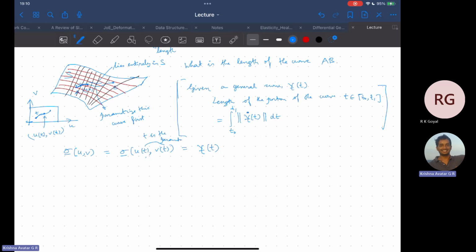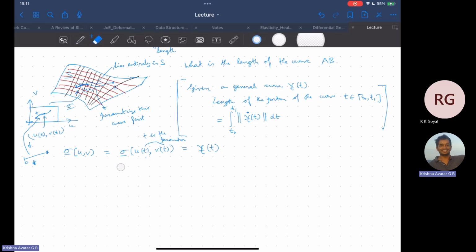Mathematically speaking, we are doing something called a composition of maps. We have one map which takes us from the t space, from 0 to some number, and then we map it to a curve in the UV plane, then use another mapping to take us to the surface. This mapping is sigma, and this mapping is some say phi.